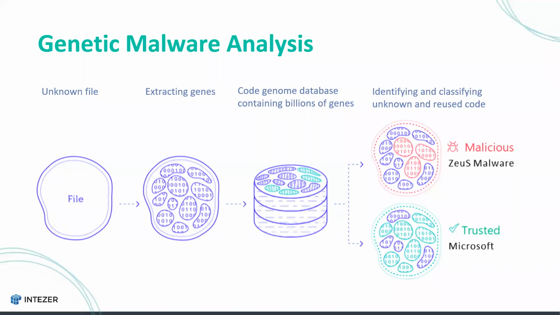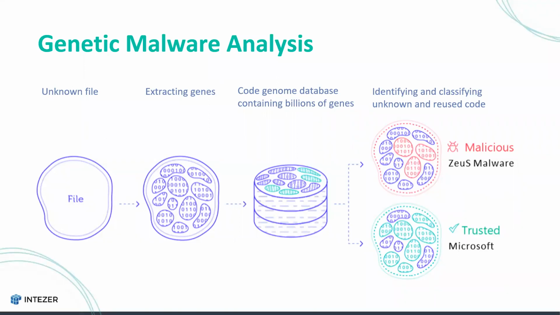So the process is very simple. We take an unknown file. We are able to extract what we call genes from the file. These genes are, in essence, just small pieces of binary code that we extract automatically from every binary file, and then compare those genes to a huge database we've created, we call the genome database. This database contains billions of genes, which are all categorized based on where they have been seen before.